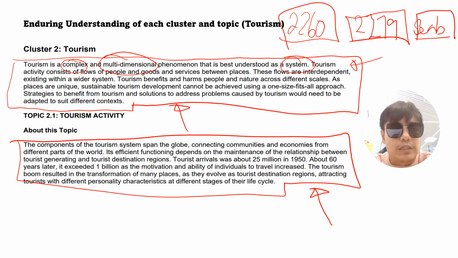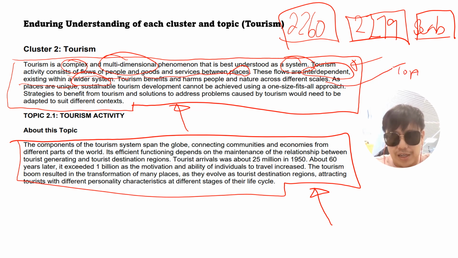Next, tourism activity consists of flow of people and goods and services between places, and these flows are interdependent and also existing within a wider system. So these are some content. What is interesting is that this goes on to your topic 2 content, which are tourism impacts, which is tourism benefits and tourism harms people and nature across different scale.